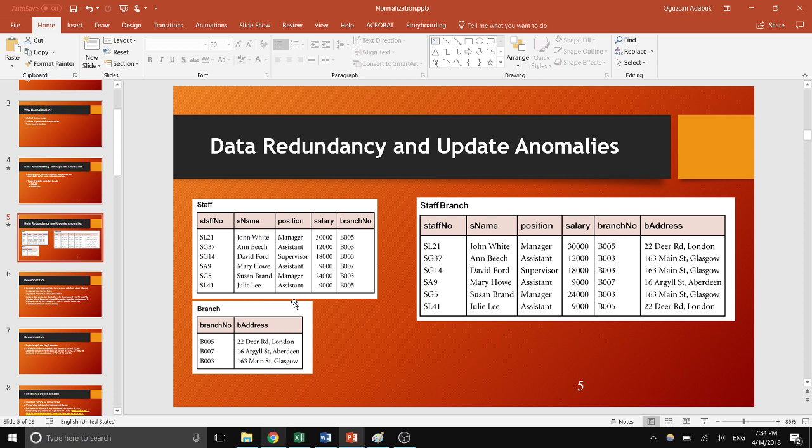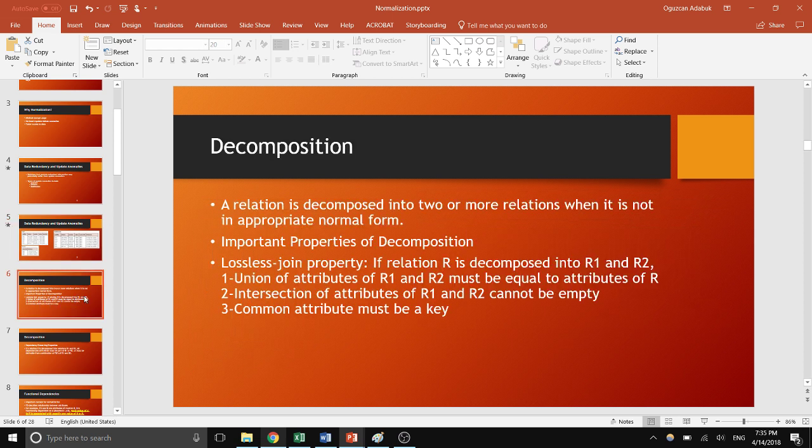And if you look at it, staff number, name, position, salary, branch number, and branch address. So that would be the union, right? So basically you add the branch address here, and you have the same attributes in the staff branch. So this decomposition satisfies the first rule of lossless join.